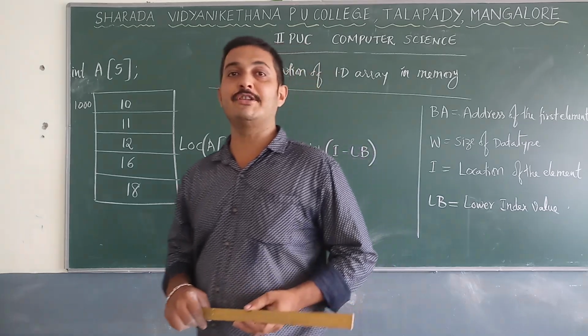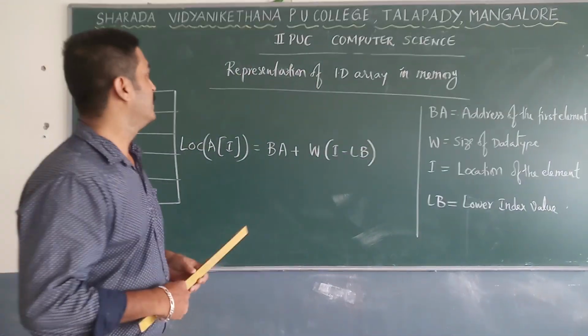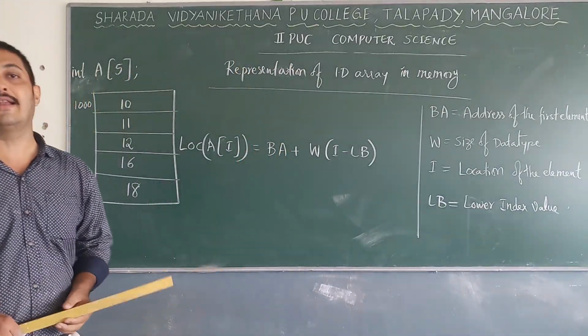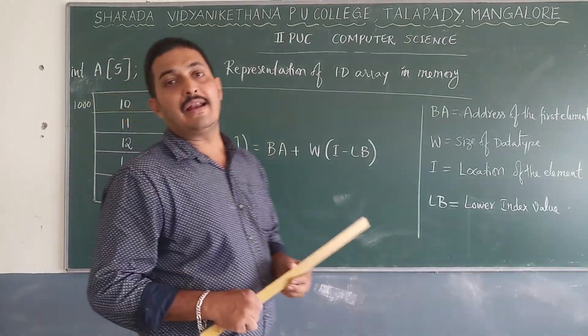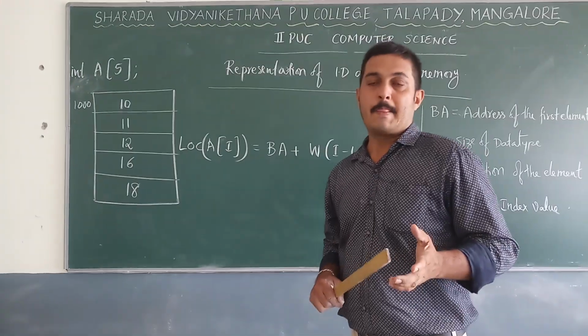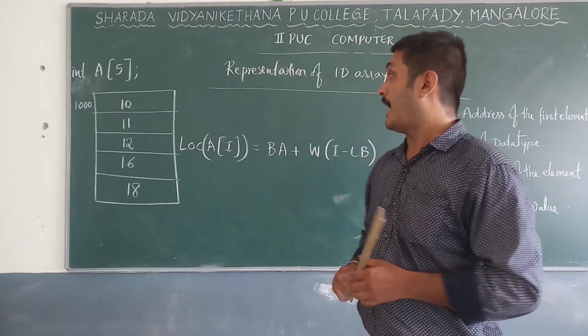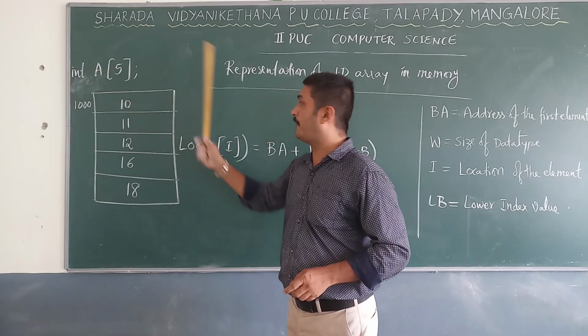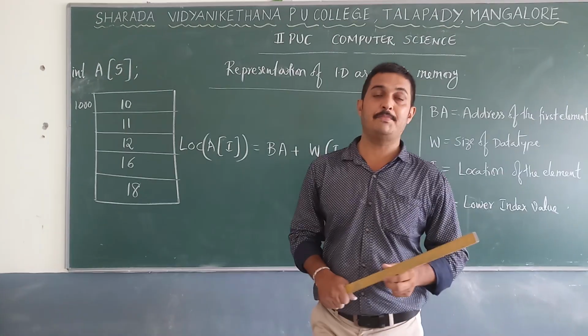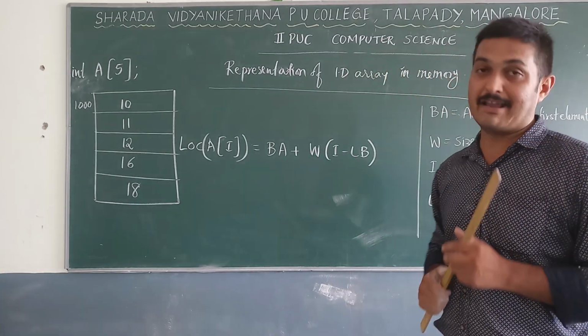Now I am going to explain about representation of one-dimensional array in memory. One-dimensional array uses only one index value, and I am going to explain this with A of 5, integer data type, array A of 5 elements.